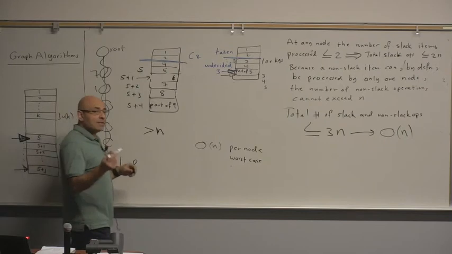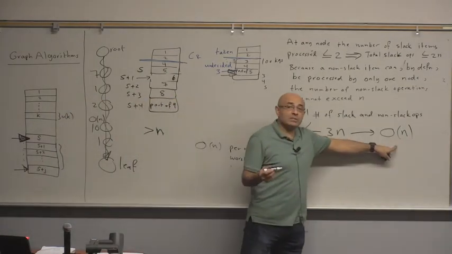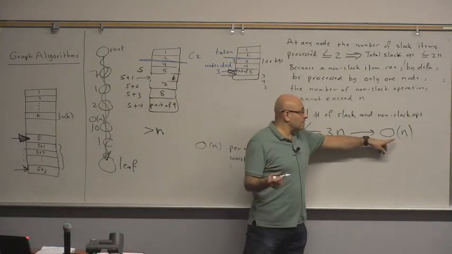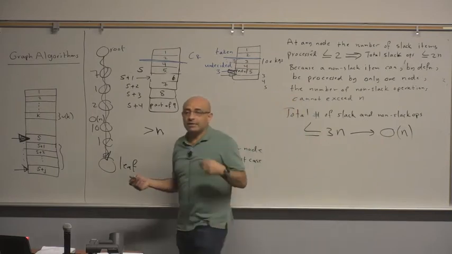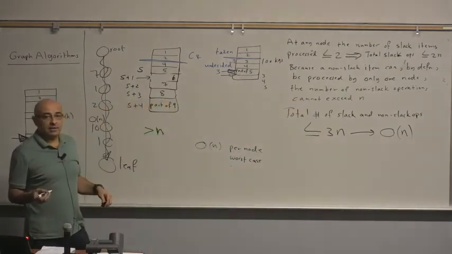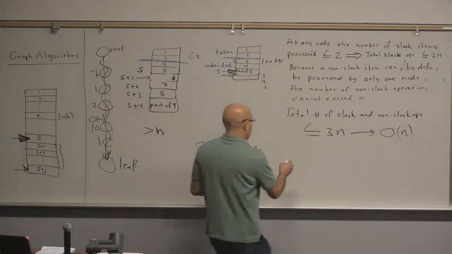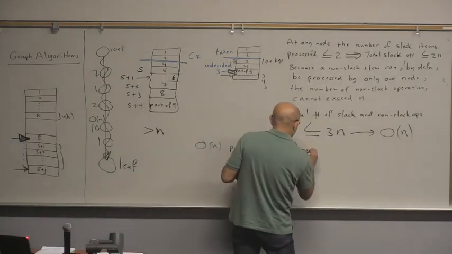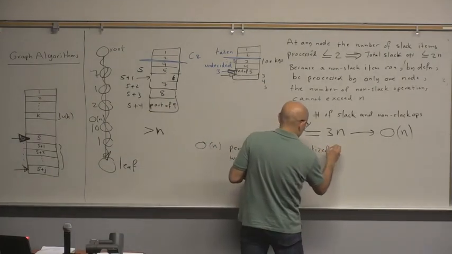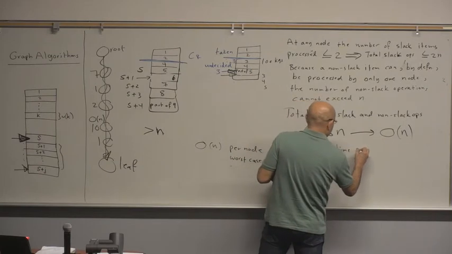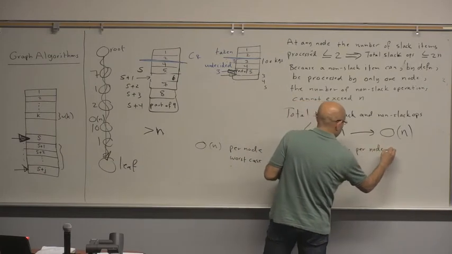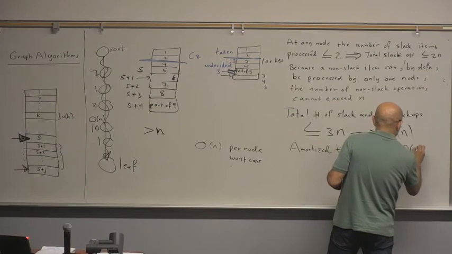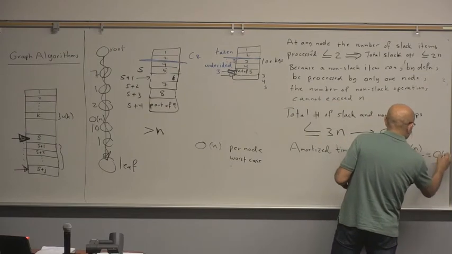Now, when you average this across the nodes, then on average, each node will get O of n divided by n, which is O of 1. So the amortized time per node is O of n divided by n, which is O of 1.